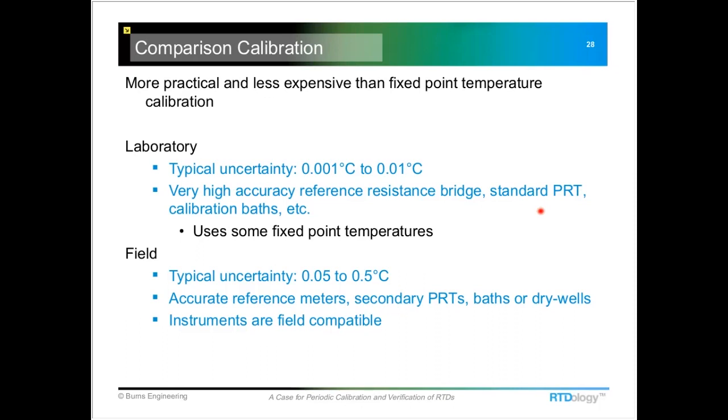You can't even set those on a table. If you put it on a table and you hear it go click or anything, there's a chance that you might have caused it to shift a little bit. So they can be very fragile and need to be treated quite carefully.